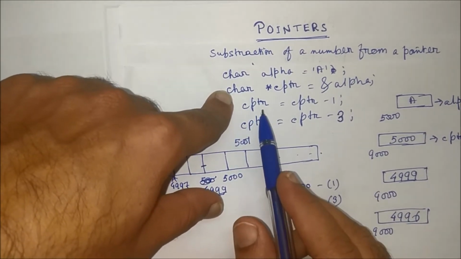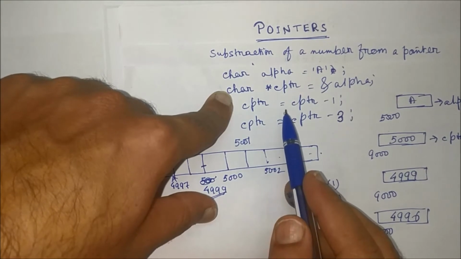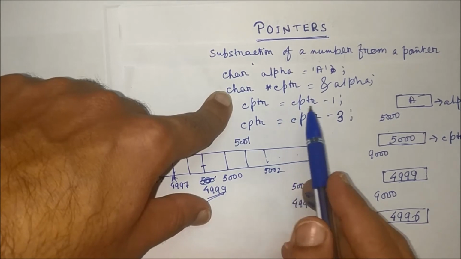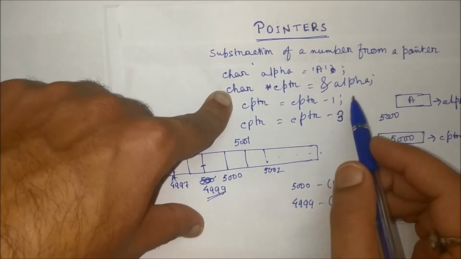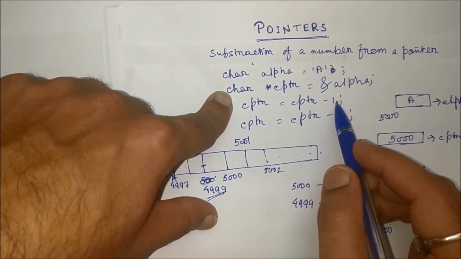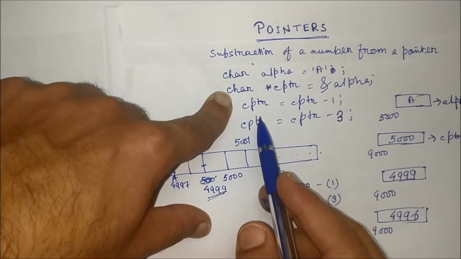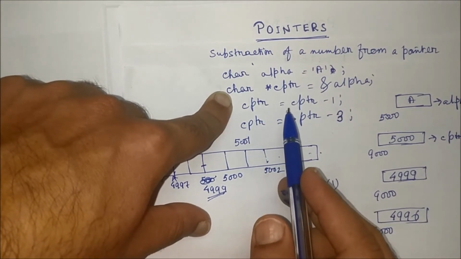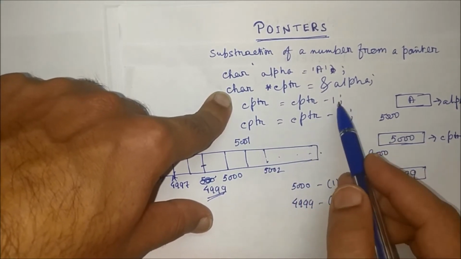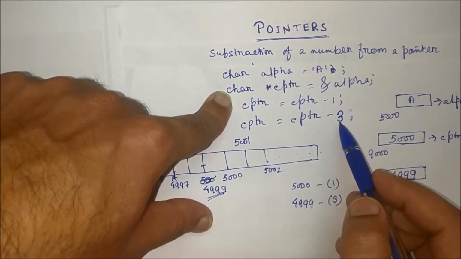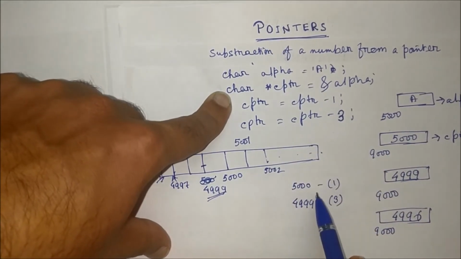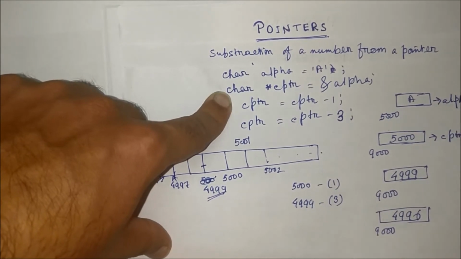When you perform subtraction or addition on a pointer variable of integer type, it will go to the next integer location, so to calculate the memory address you multiply 4 with the number you are adding or subtracting. When it is a character pointer, as it always points to a character variable, and each character is 1 byte while an integer is 4 bytes, you multiply with 1. So you simply deduct the same number from the memory address it is currently pointing to. This is the way mathematical subtraction and addition work on the pointer variable.